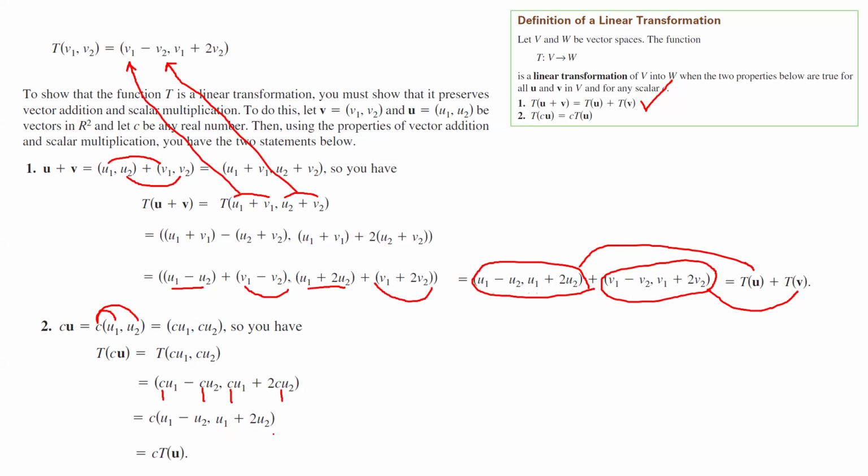This is how we defined our T of u: if u is (u1, u2), it is (u1 minus u2, u1 plus 2u2). So basically the second condition is also met. So for sure you can say that I have a linear transformation.